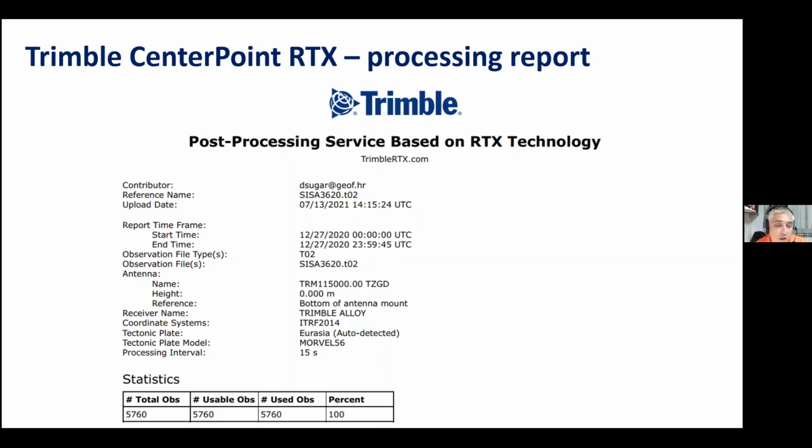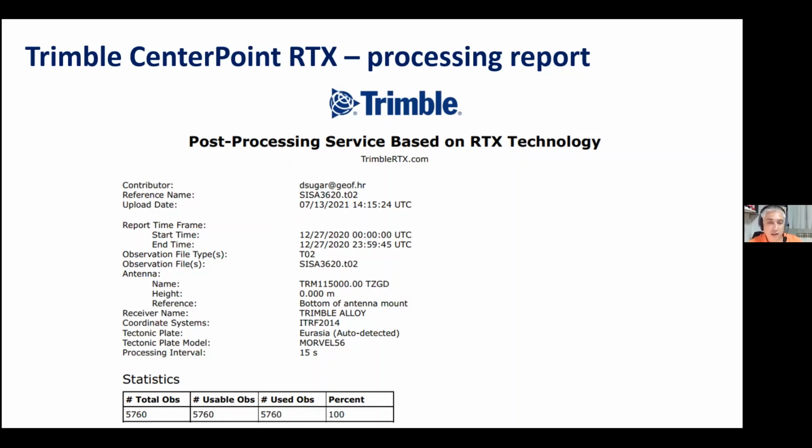Tectonic plate was automatically chosen. It was Eurasia, auto-detected. Tectonic plate model was the default one, Morvel 56, and the processing interval was 50 seconds. There is some statistics.